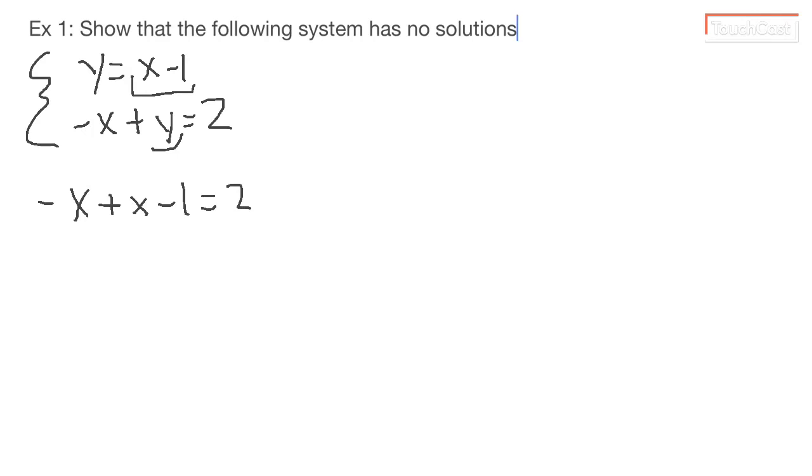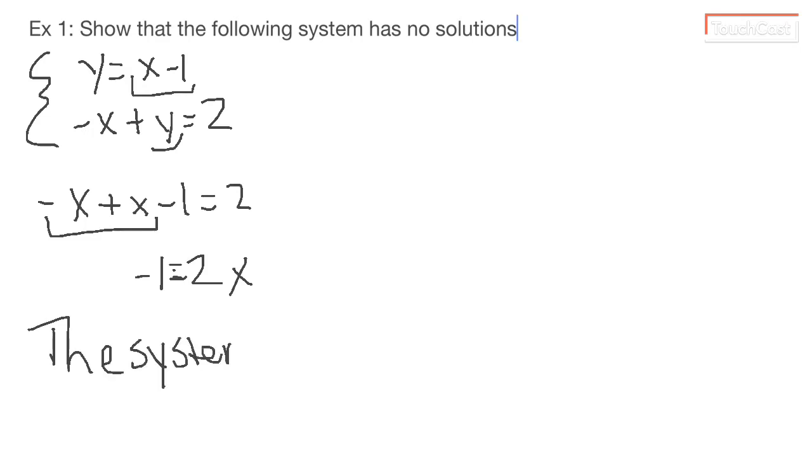Well, if I combine like terms, a negative x and an x, they're going to cancel each other out. They're going to make 0x. And we're going to get negative 1 equals 2, which is not true. That's a false statement. So here, this is where we can say this system has no solution.